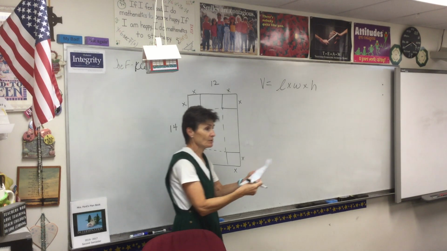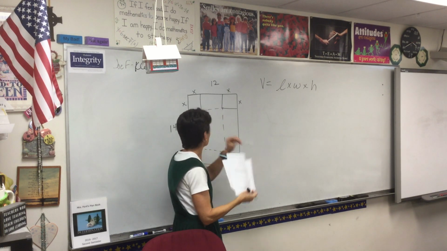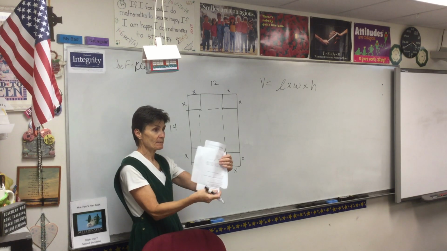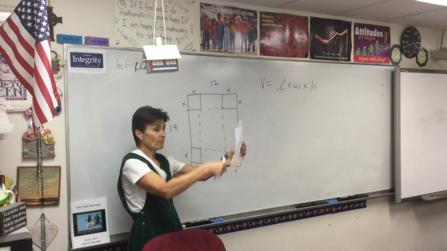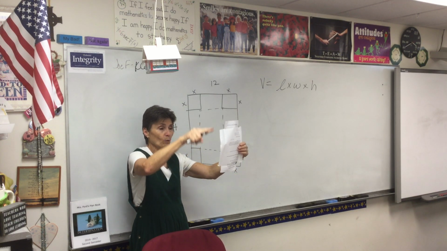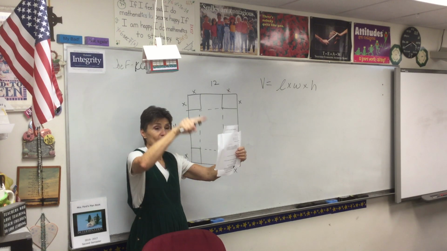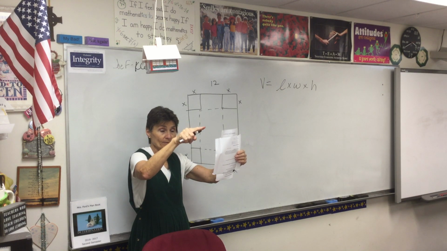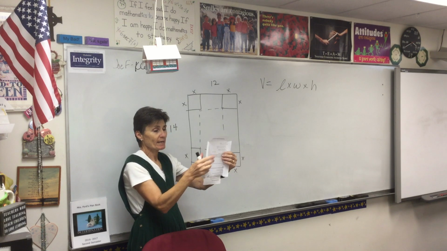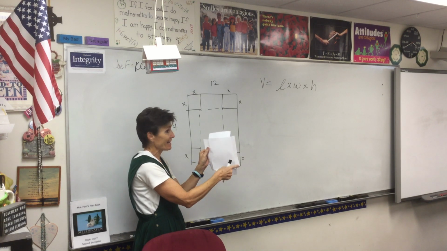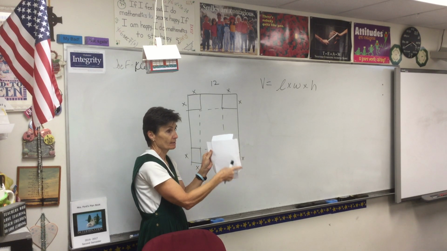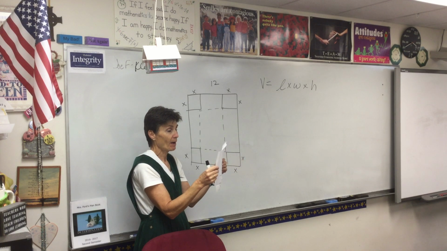So let's go back to the one on the board, you use your piece of paper. The paper was originally, look where I'm pointing, 14 inches. But when I actually created the box, the length is not 14 inches. What is the length of that box?